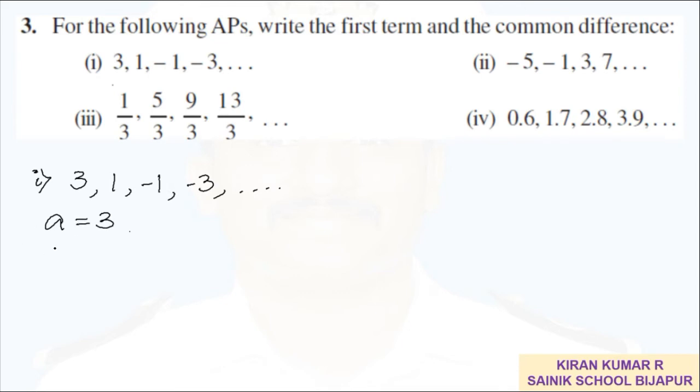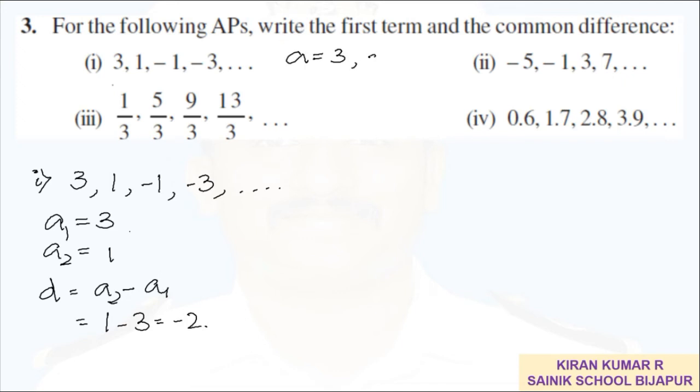The second term is 1. The common difference is a2 minus a1. Here 1 minus 3 will become -2. The first term is 3 and the common difference is -2.